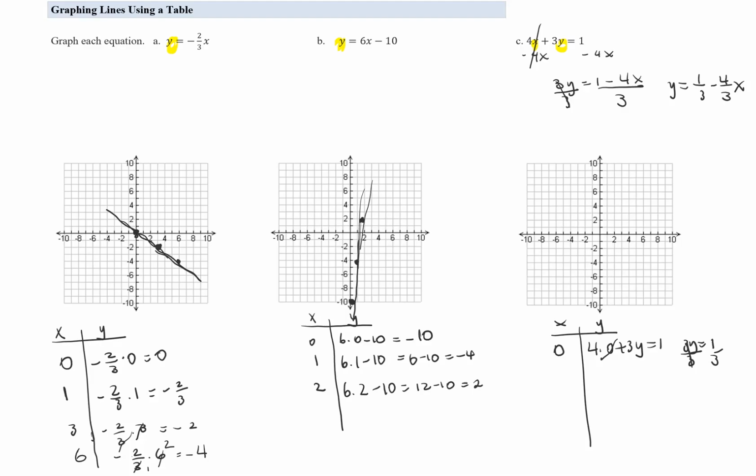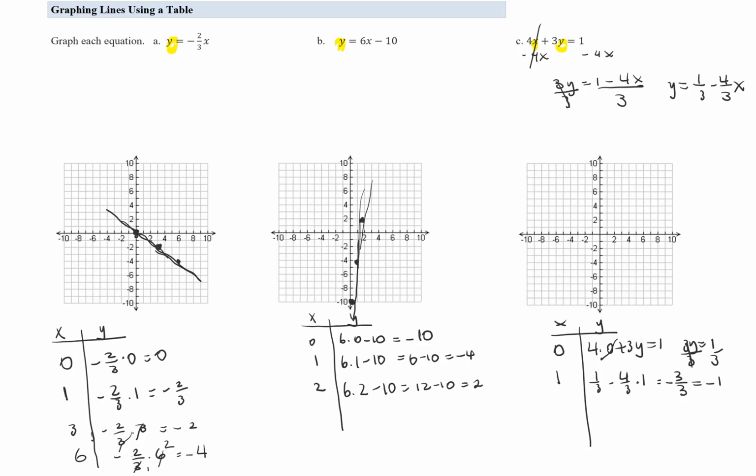So I'm thinking the next number I will use is 1. Subbing 1 in place of x, we get 1/3 minus 4/3 times 1. 1/3 minus 4/3 is negative 3/3, which is negative 1. So that's a good point to graph, 1 comma negative 1.